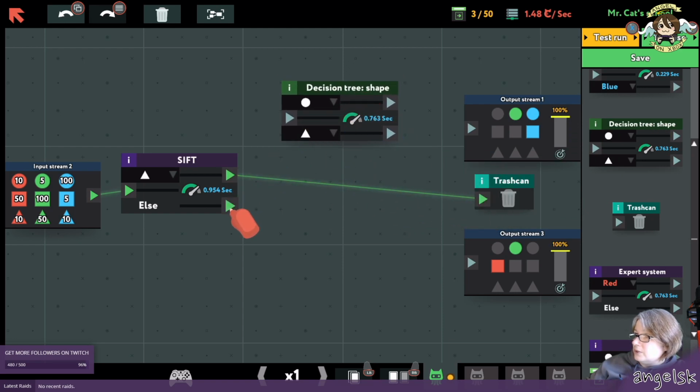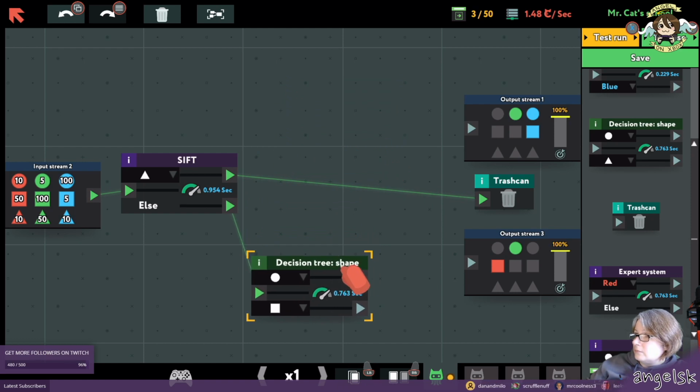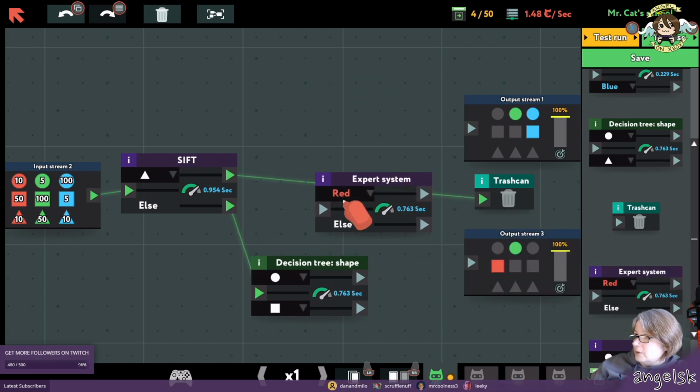Okay, we need to split circles and squares. So then we're going to sift green squares into the trash can.